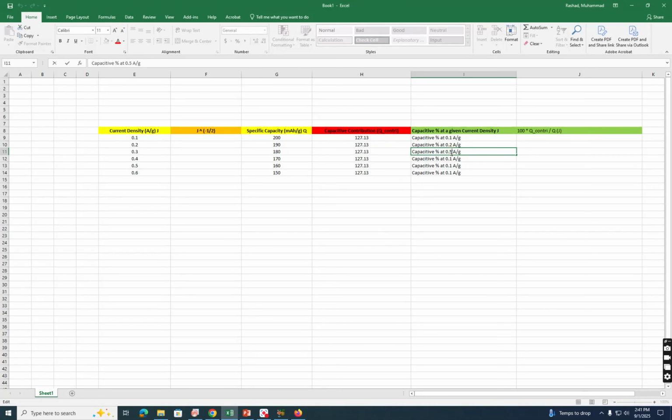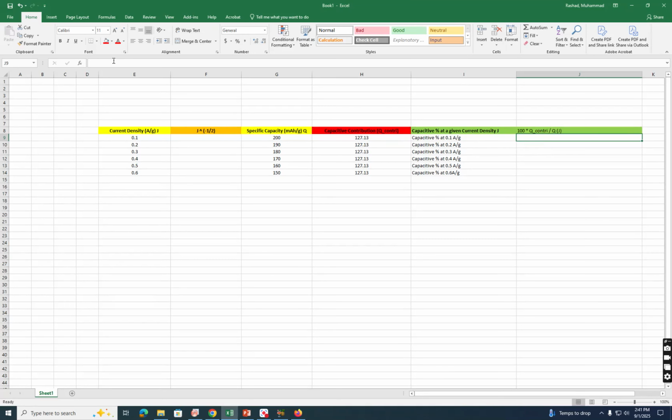like 0.1, 0.2, 0.3, 0.4, 0.5, and 0.6 in our case. You can use any current density; I am using these for the tutorial.